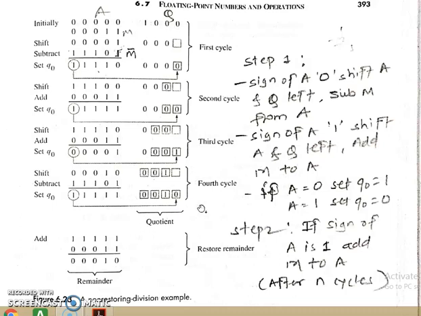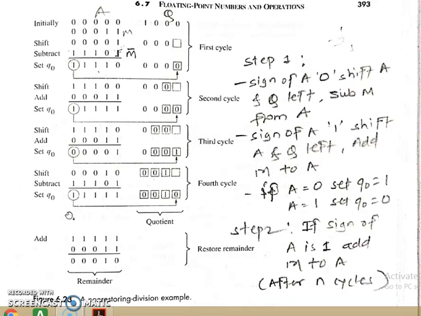So here we are getting a quotient, that is 0 0 1 0. And now the remainder: to get the actual remainder, if the sign of A is minus, or it is 1, then add M to A. So we are considering that after the full cycle the accumulator has 1 1 1 1 1.